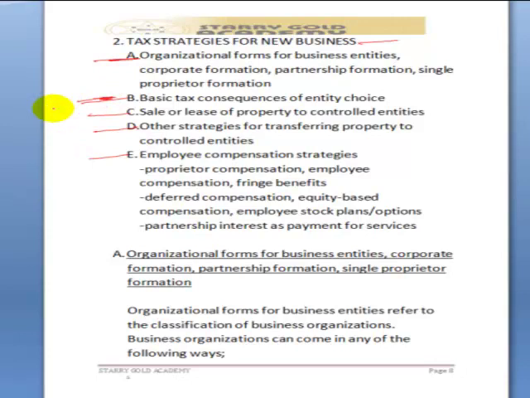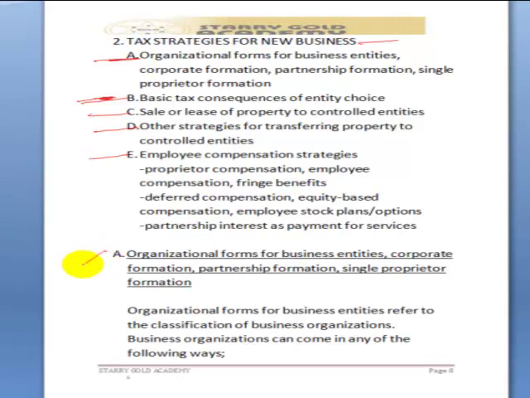In the C part, we are expected to discuss what happens when you sell or lease a property to a controlled entity. In the D part, we are expected to explore other strategies, methods for transferring property to controlled entities. While in the fifth part, we'll talk about how to compensate ourselves, either as employee, as employer, and the rest of them. Let's take the first item now.